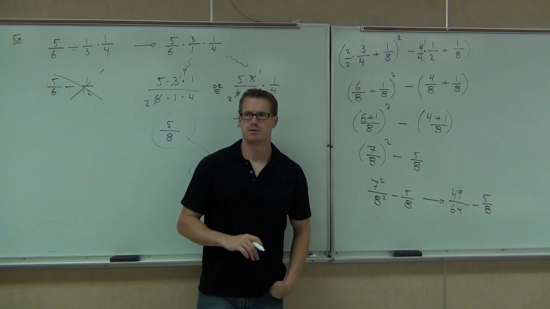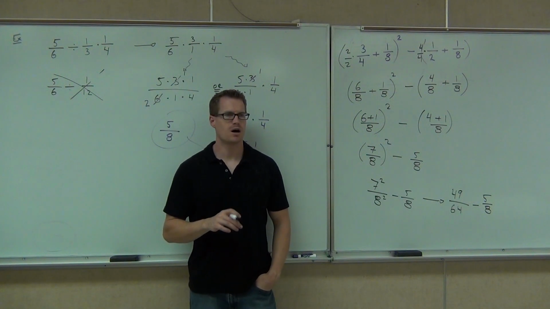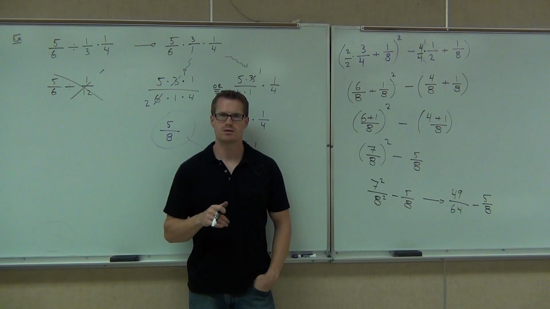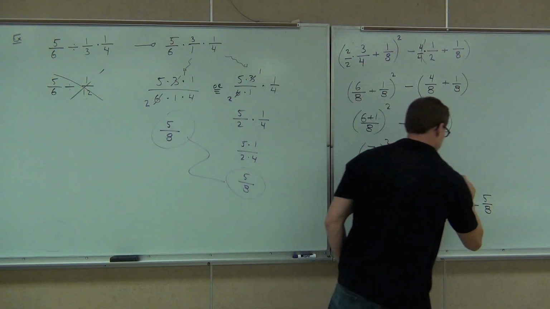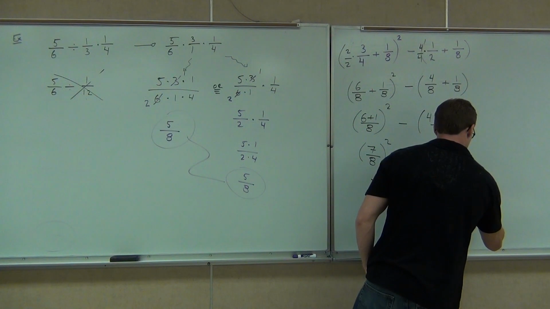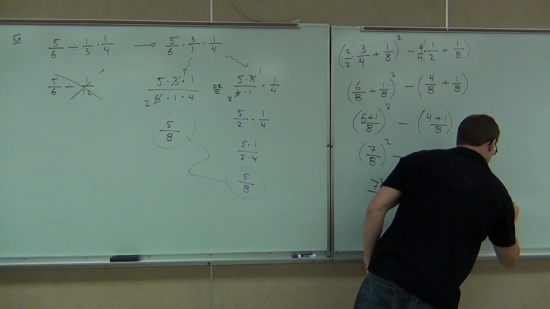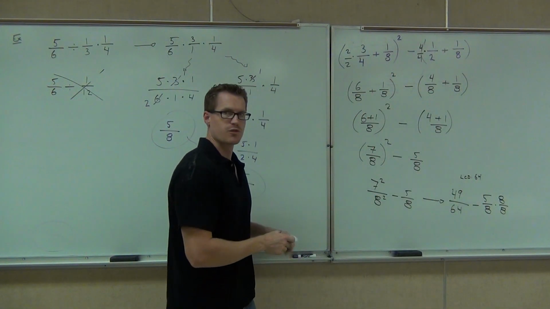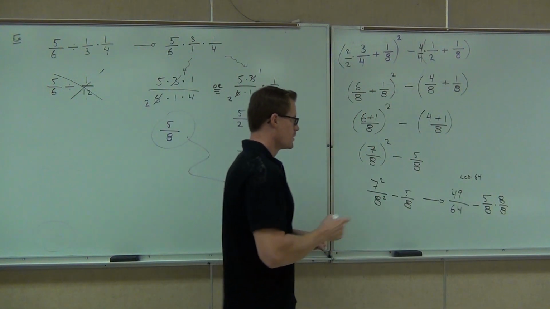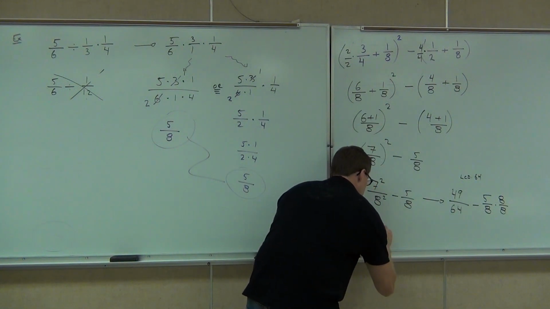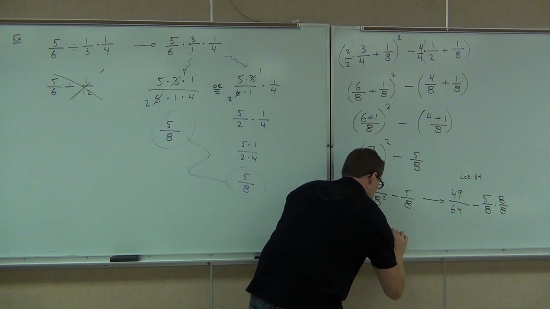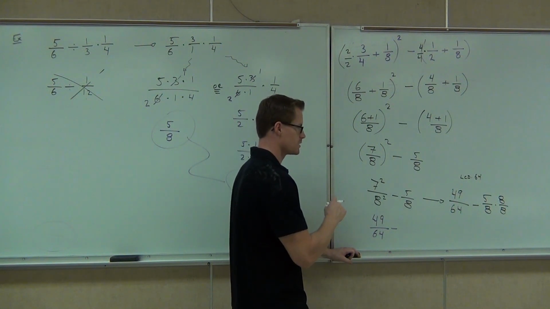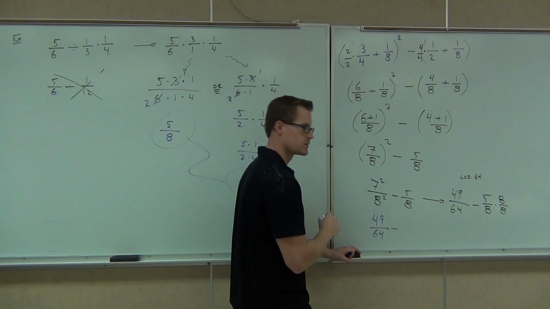We're almost done. The last thing we've got to do is find a common denominator so that we can subtract those fractions. Can you tell me what is my common denominator? 64. Yep. So if we multiply by 8 over 8, we'll get 49 64ths minus, what's 5/8 times 8/8? 40/64.